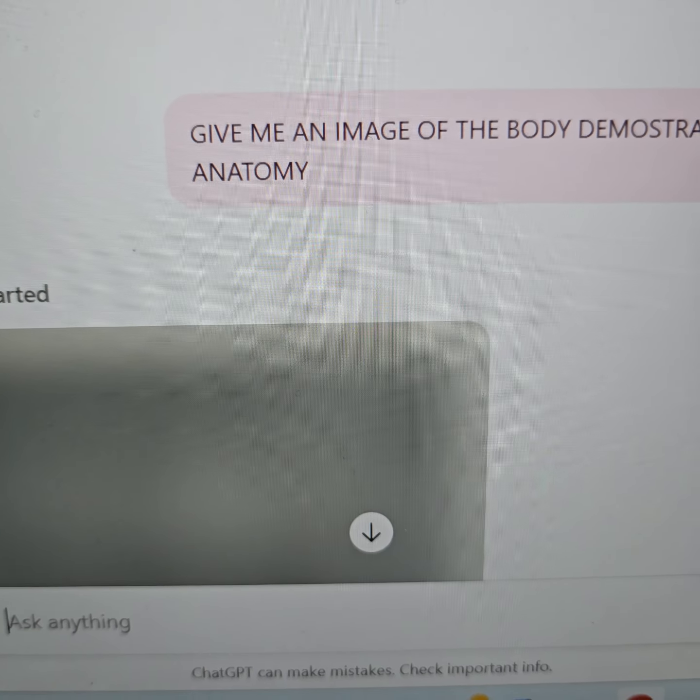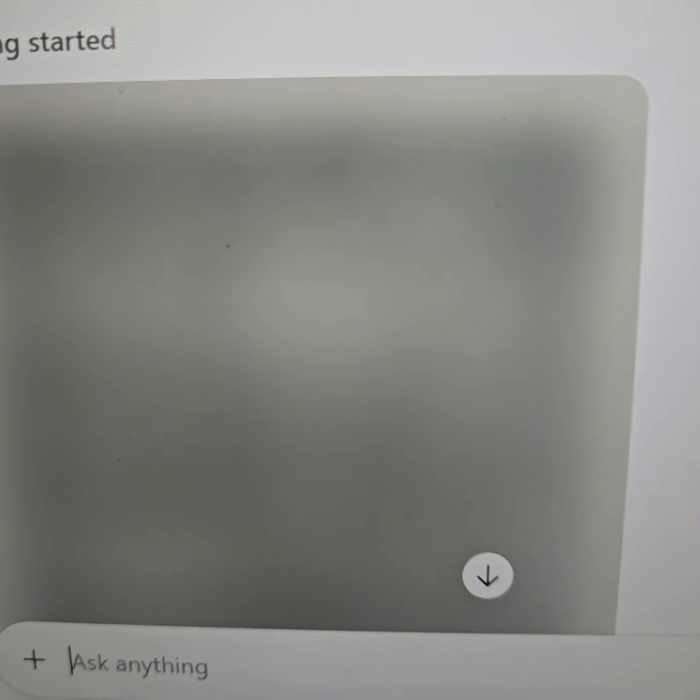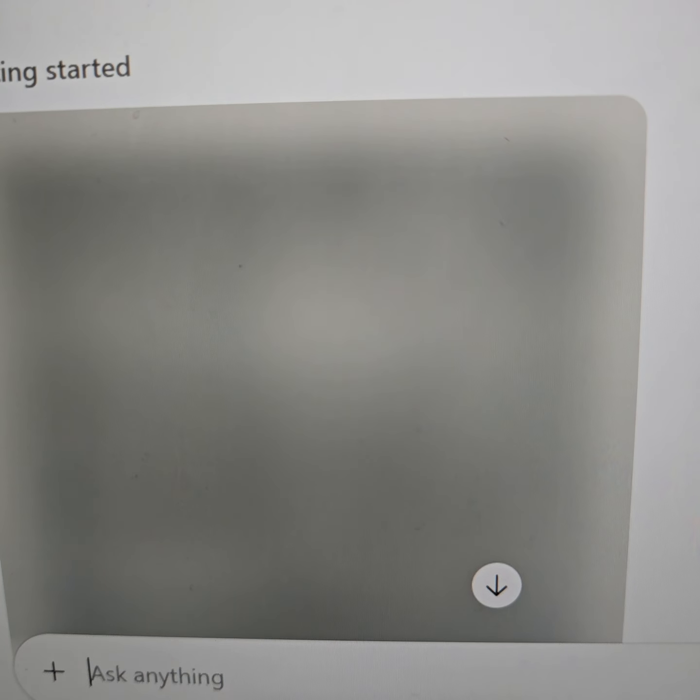You could tell it to give you an image, and let's see what it generates to show you, okay, this is what it is, to help you study. The bad thing with ChatGPT is it does take a long time to generate images.